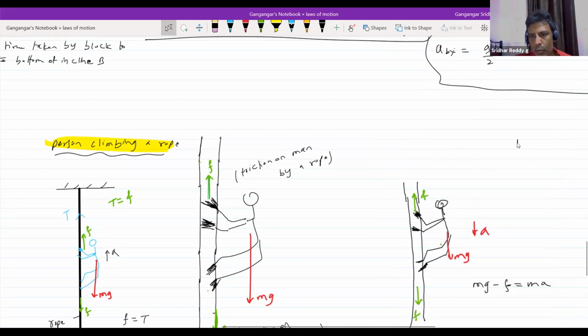I'll shift this diagram down. Okay, I'll extend the rope. It's not a rod, to show all the forces I'm making that rope thick. Don't take it another way.